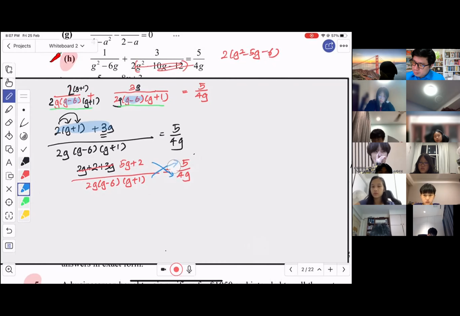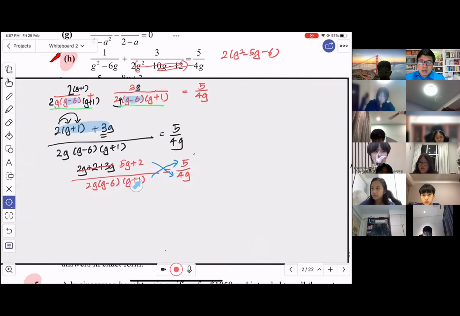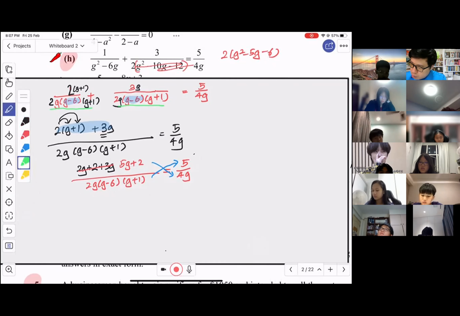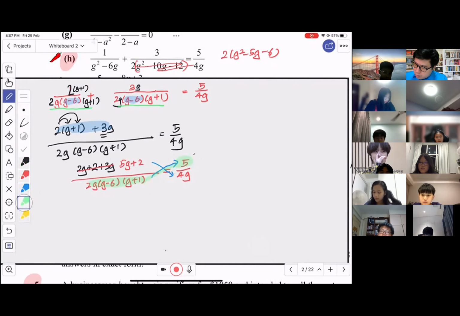Cross multiply. So 5 multiplied by 2g(g minus 6)(g plus 1). Using green to highlight, this multiplied by this gives on the right-hand side 5 times 2 is 10, (g minus 6)(g plus 1).